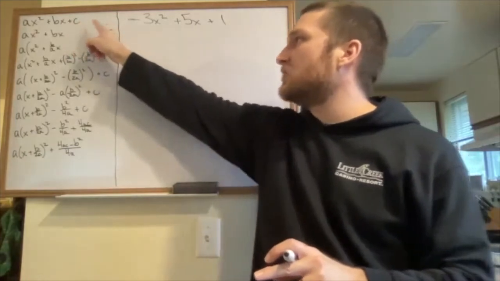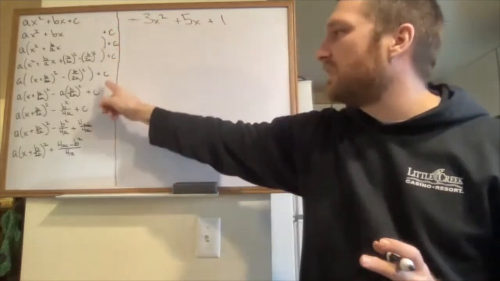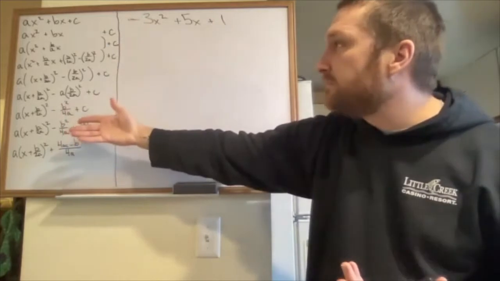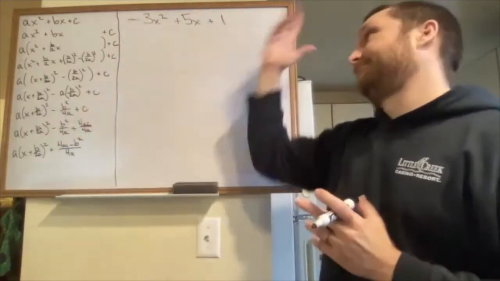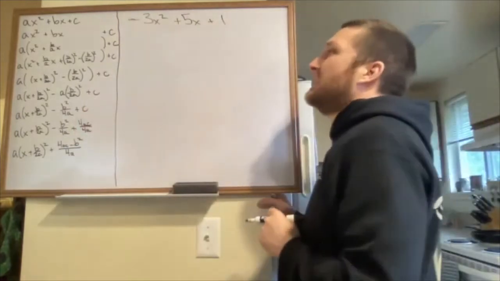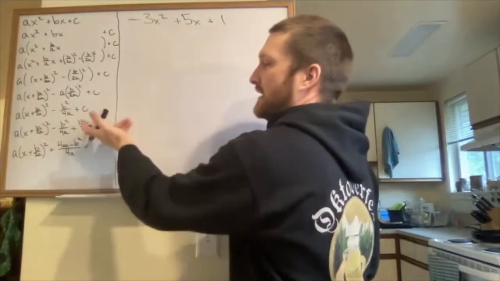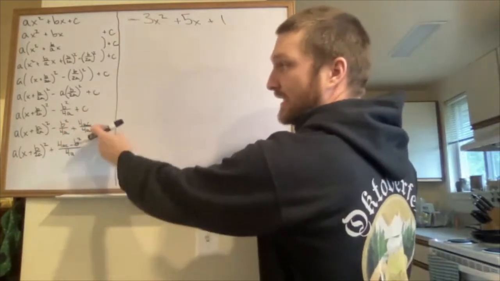The last number, in this case +1, doesn't come in until the very end. It's really like an afterthought. It could have been anything. At the end, whatever fraction I end up with, I'll just turn that into the same kind of fraction and put them together. And that's really all that step is.